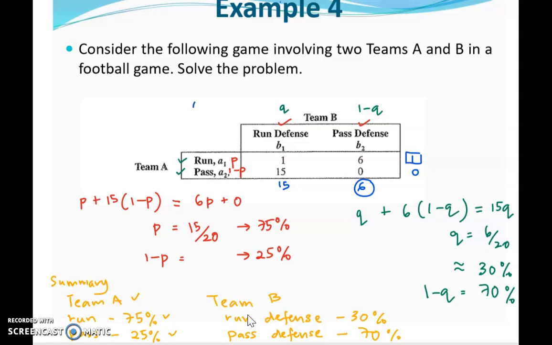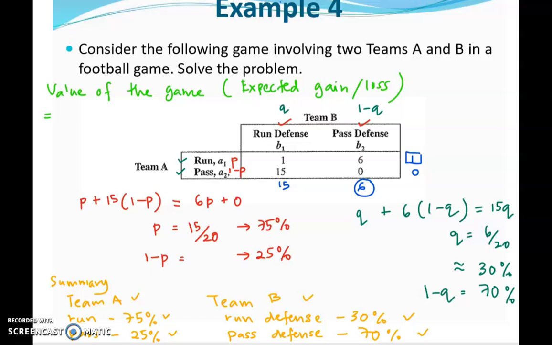And for team B, they will choose the first strategy, run defense, 30% of the time, and the second strategy 70% of the time. If you want to find the value of the game, or the expected gain or expected loss, we simply substitute the value of P or Q into the equation.